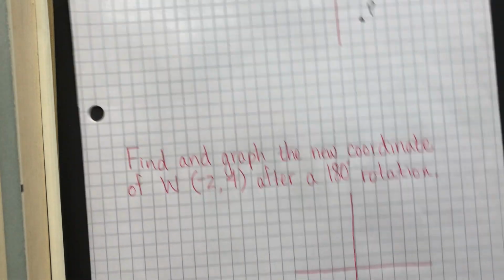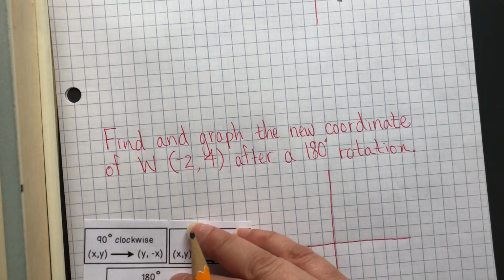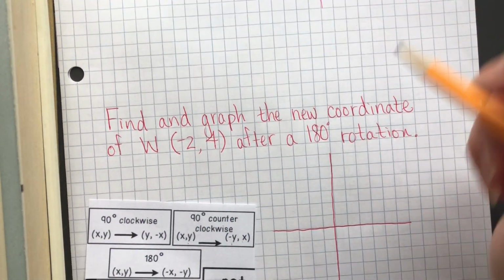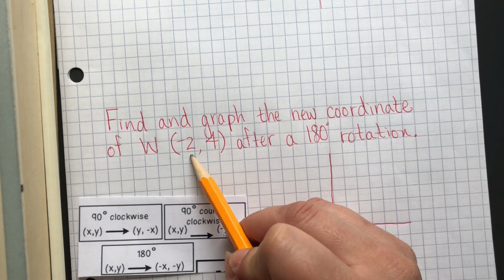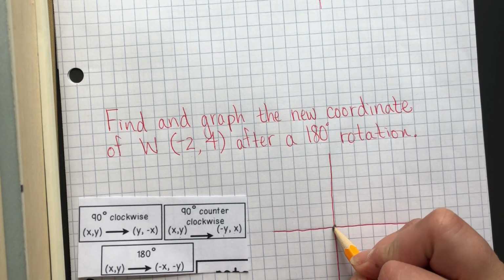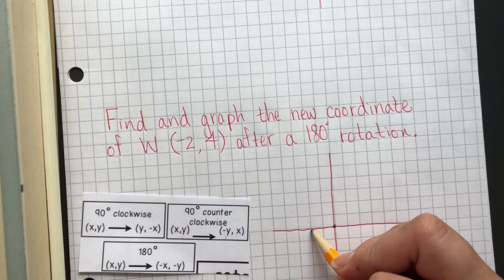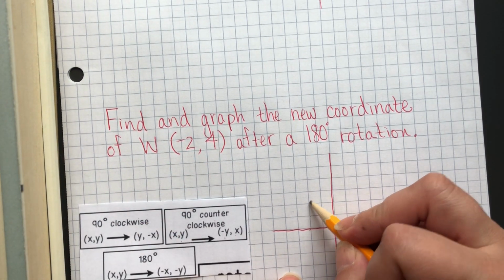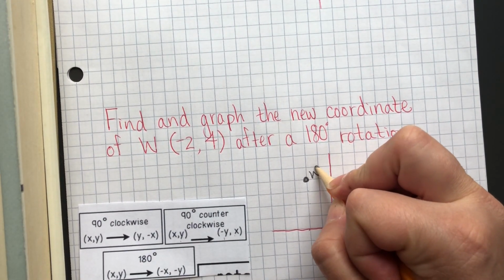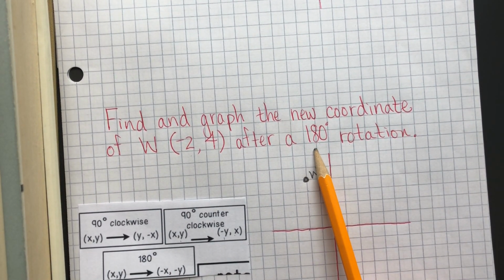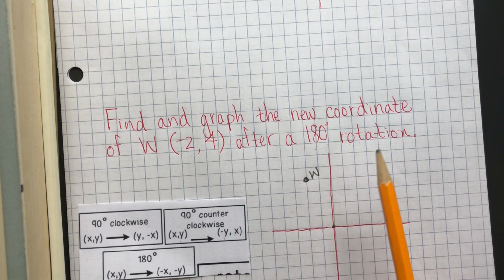Okay. All right, this time they are giving us a coordinate and they want a 180-degree rotation. So first thing we're going to do is plot it. Start in the center. This time I go backwards 2 and up 4. Okay, and now we label it. And let's see what change happens after a 180 rotation.